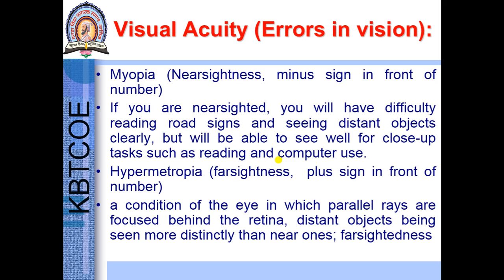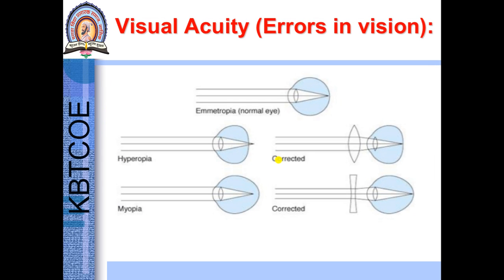So myopia means nearsightedness. He sees things very clearly which are near to his sight. Hypermetropia is farsightedness. He sees the things which are far from the eye. Generally, hypermetropia patients will have a plus sign for their spectacles. Myopia patients will have a minus sign for their spectacles.